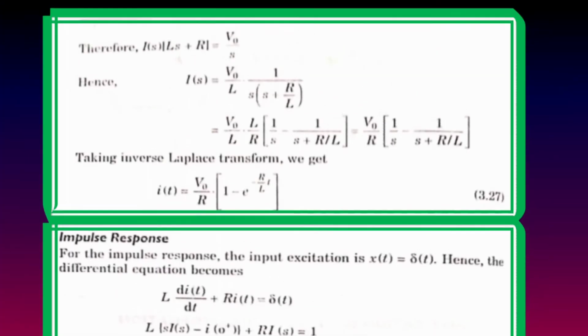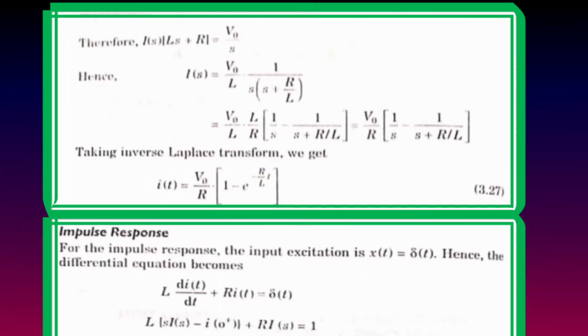Arranging this equation by taking I(S) on one side and the others on the other side, we have I(S) equal to V naught by L into 1 by S into (S plus R by L). I am rearranging this equation so that I can get the inverse Laplace transformation easily.